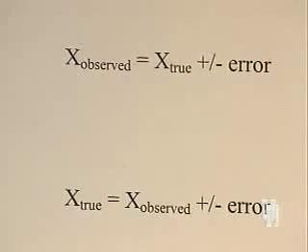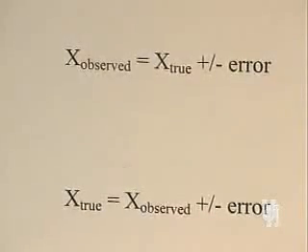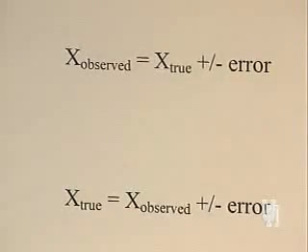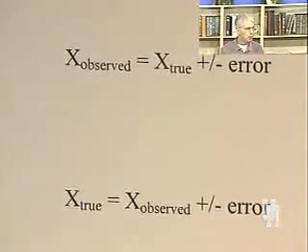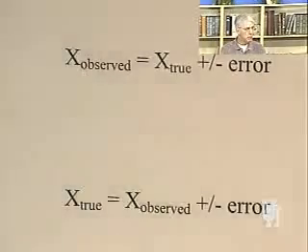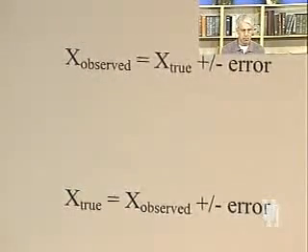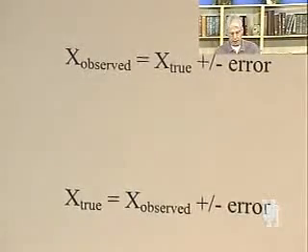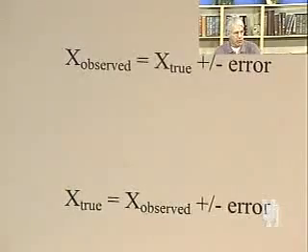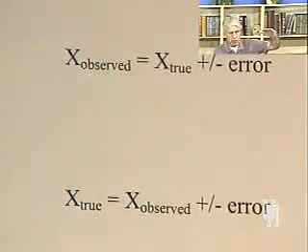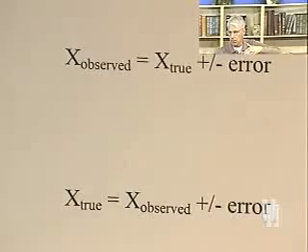The task of those who manufacture measuring devices, and there are obviously thousands and thousands of measuring devices, and the objective and task of researchers who use measuring instruments is to minimize the amount of error that leaks into the observed scores, that leaks into the instrument. You understand, for example, that a measuring device and the scores that it generates are linked inextricably.